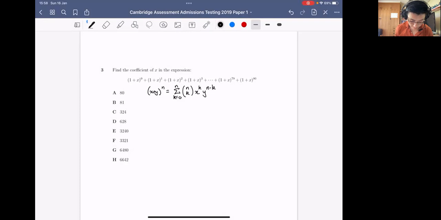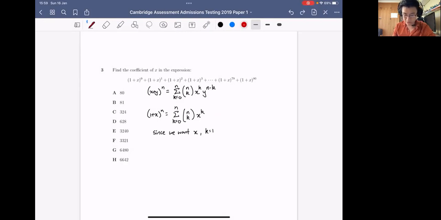So that means 1 plus x to the n is just that. Yep. Okay. So since we want x, k is equal to 1, because if k is equal to 1, then we have x.